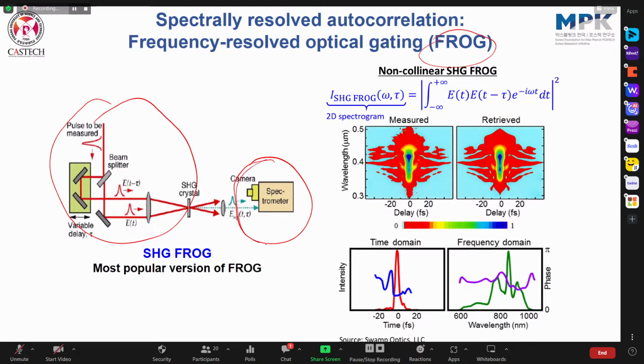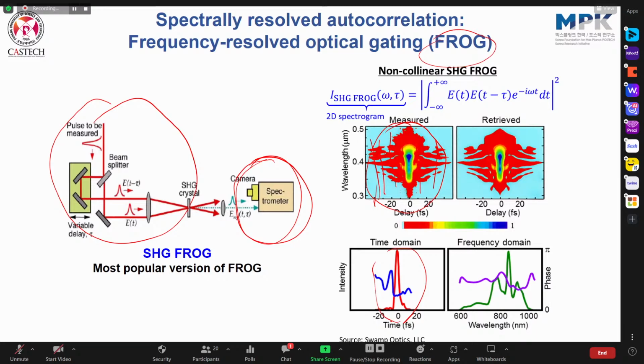So they use the spectrometer, and at every time delay, you measure spectra and put them together like a 2D FROG diagram. Then you have a redundant data set from which you get the phase information, and you can have a complete characterization of the pulse, okay?